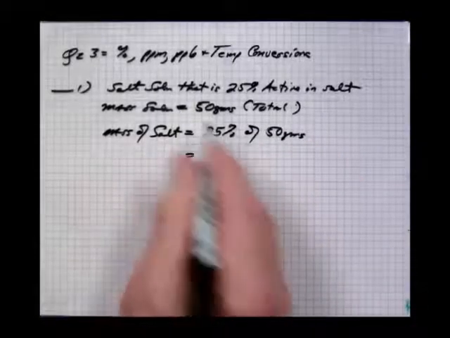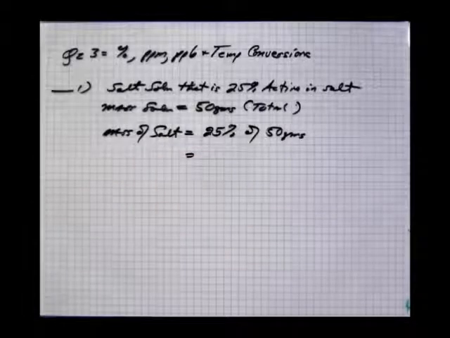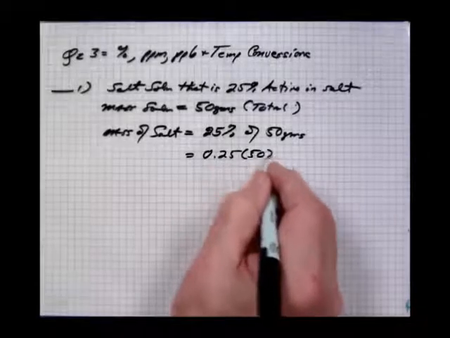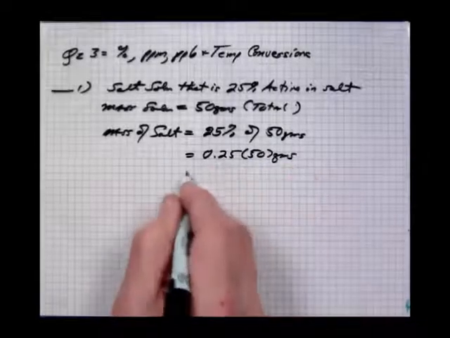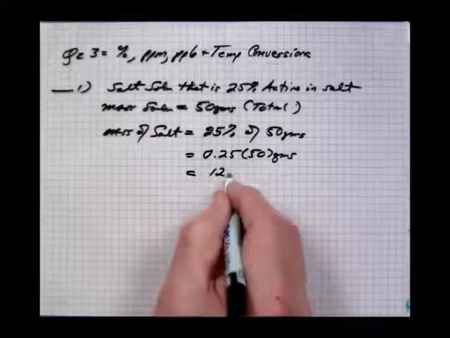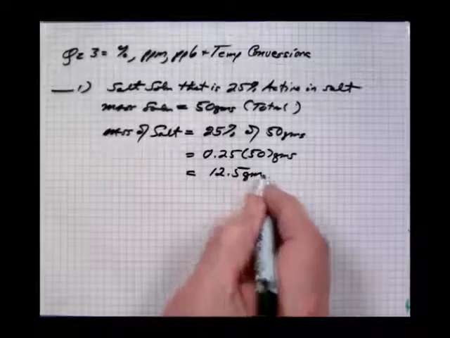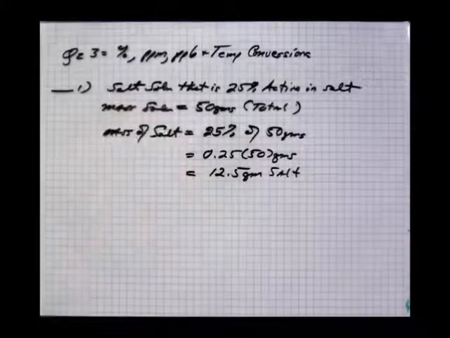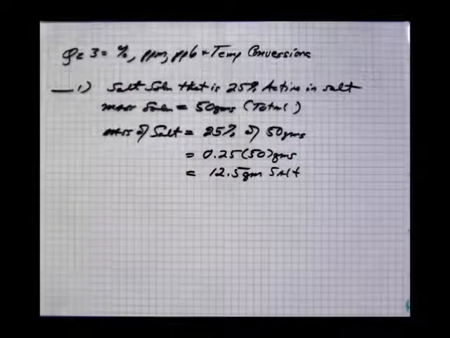Converting the percent to decimal fraction, 0.25 times 50 grams leads us to 12.5 grams salt.